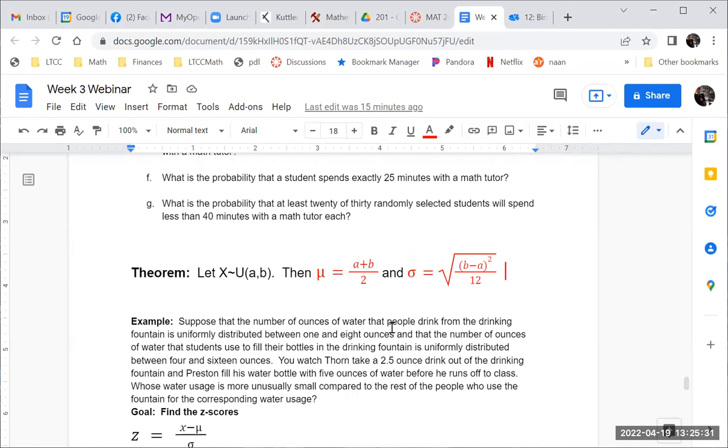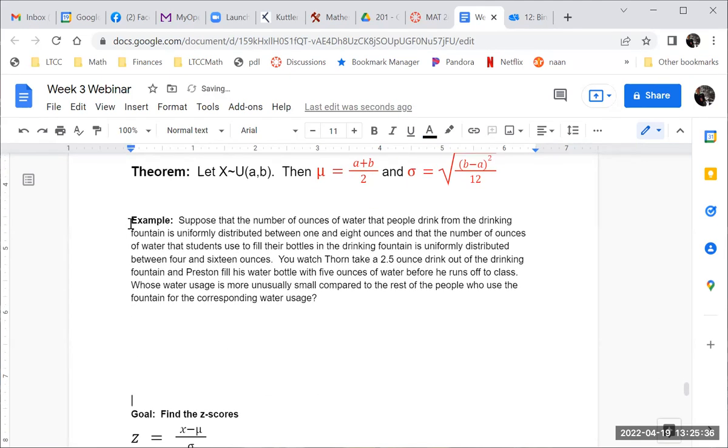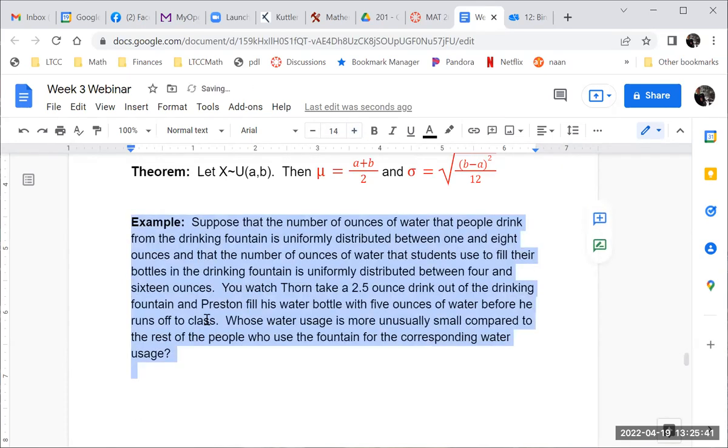So I got an example. Okay, suppose that the number of ounces that people drink from the drinking fountain is uniformly distributed between 1 and 8 ounces, and that the number of ounces of water that students use to fill their bottles in the drinking fountain is uniformly distributed between 4 and 16 ounces.